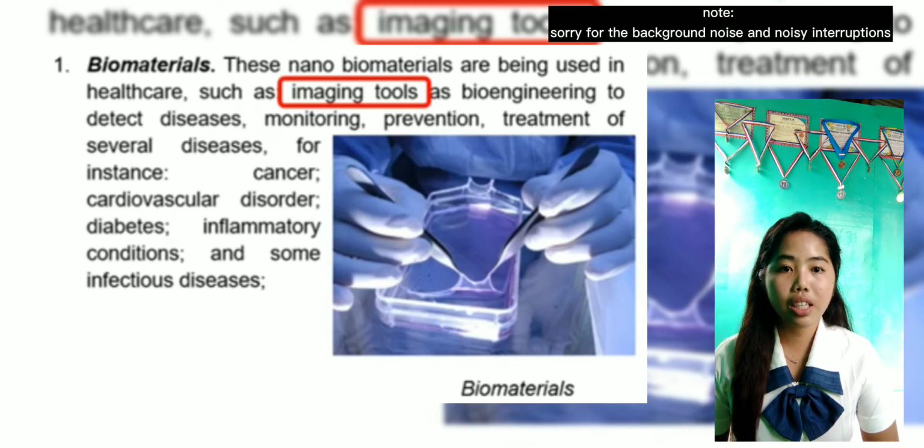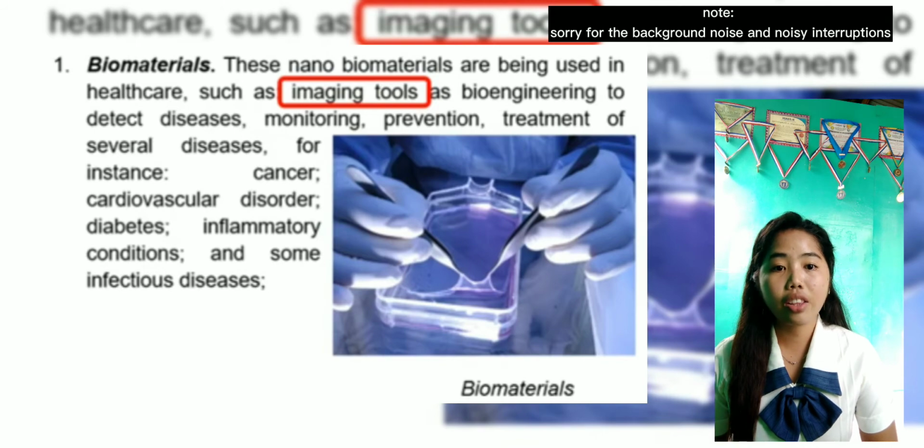Nanotechnology involves the development and use of technologies that operate at the nanometer length scale, around the size of a large biomolecule. Nanobiomaterials are being used in health, such as imaging tools and bioengineering, to detect, monitor, prevent, and treat several diseases.